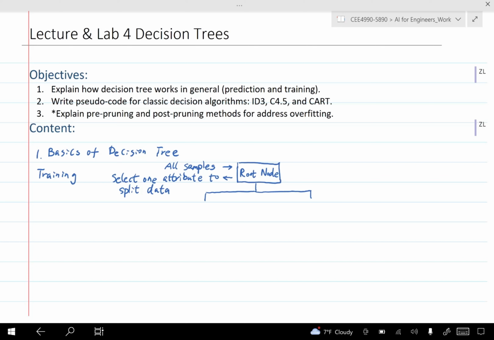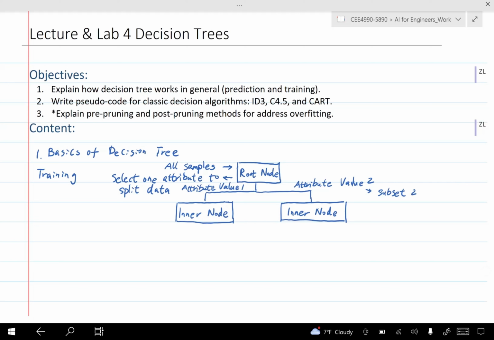And again, this one is associated with attribute value 1, and this one is the same attribute, but for each attribute, we know that we have different attribute values. And also, they're associated with the subsets, because we just split the data: subset 2, and of course, this is subset 1.